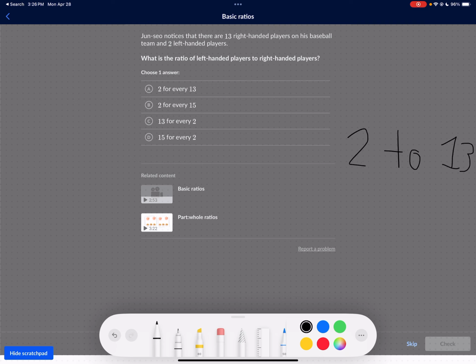It can also be phrased as "for every 13." There are many different ways, but it doesn't matter how they ask it. Just look for the 2 numbers, and then you have your answer. So it's 2 and 13.